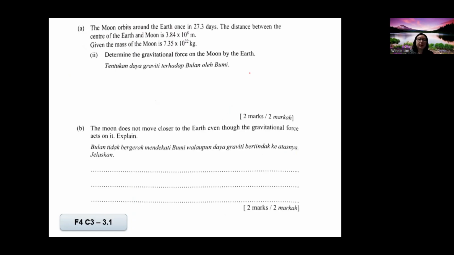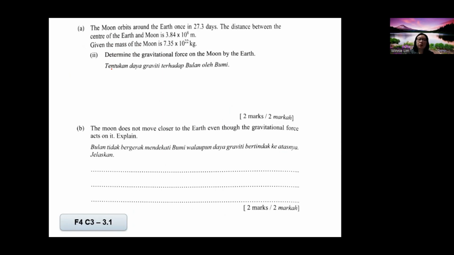Next one. The Moon orbits around the Earth once in 27.3 days, and the distance between the center of the Earth and the Moon is the same as just now. So now for A2, they want you to determine the gravitational force on the Moon by the Earth.